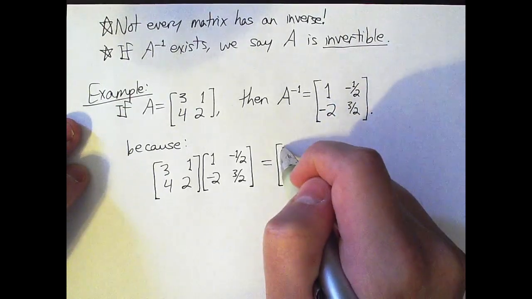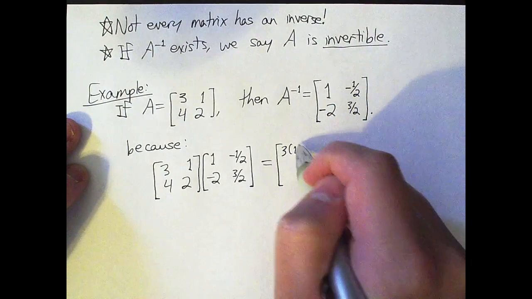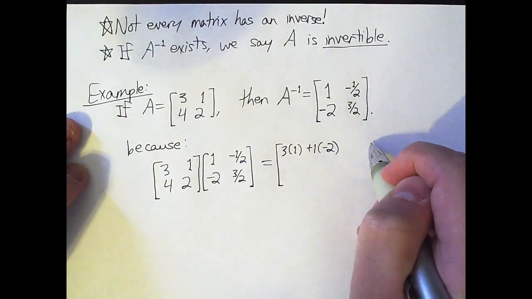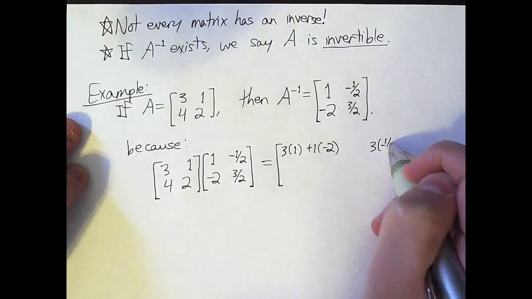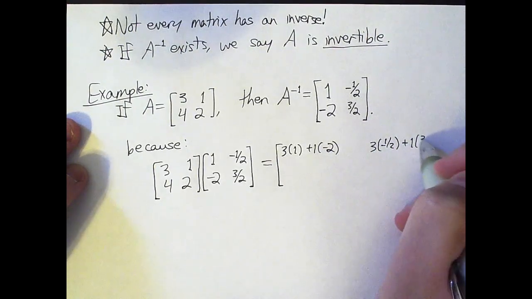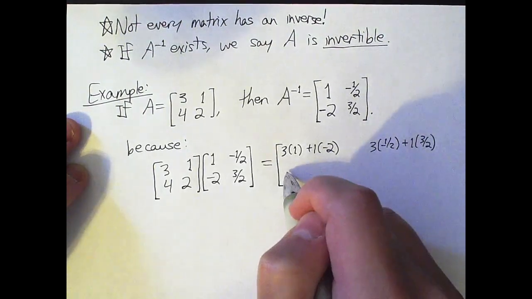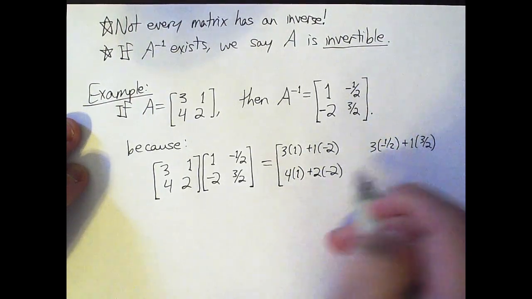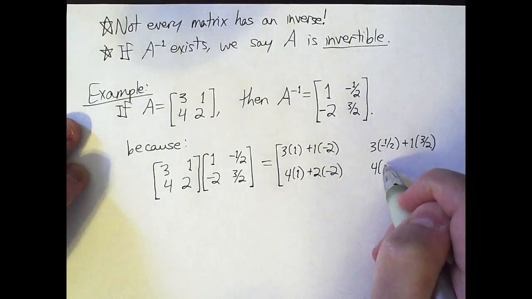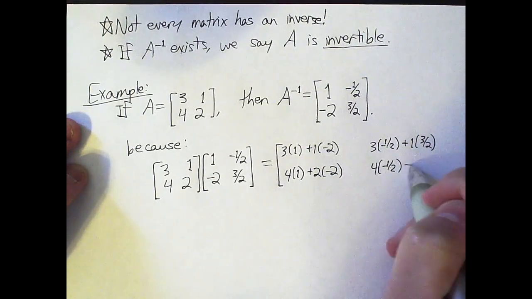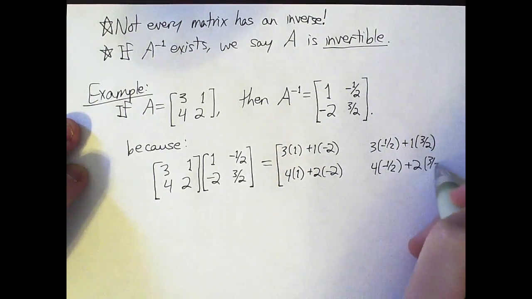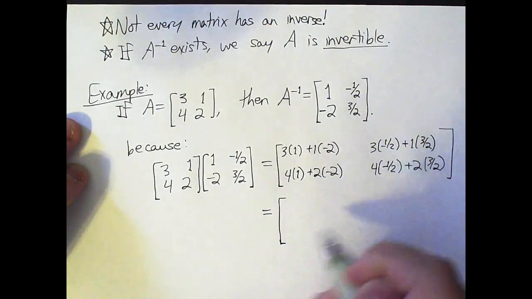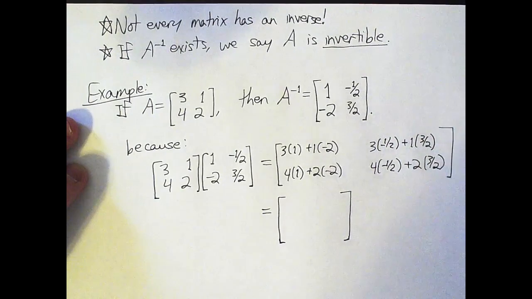Let's see, 3 times 1 plus 1 times negative 2, 3 times negative 1 half plus 1 times 3 halves, 4 times 1 plus 2 times negative 2, 4 times negative 1 half plus 2 times 3 halves. Okay, so let's see what we got.